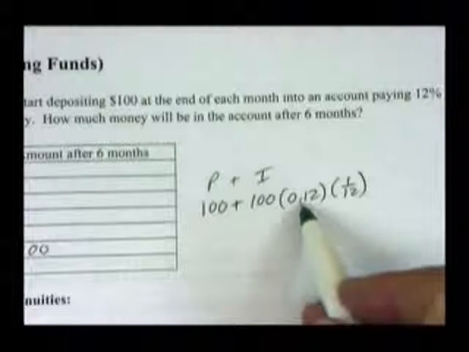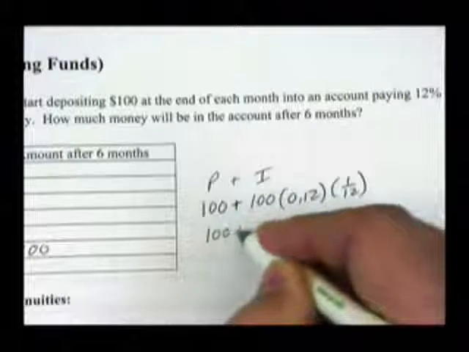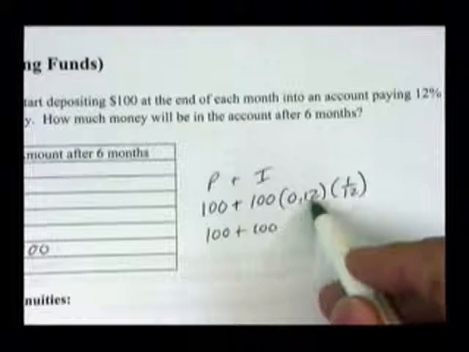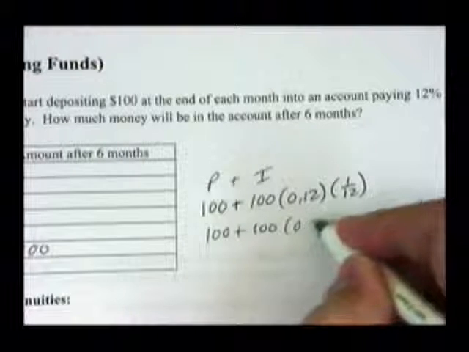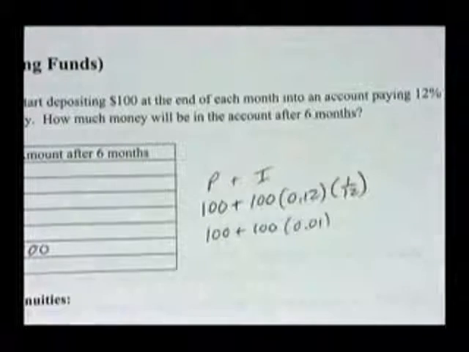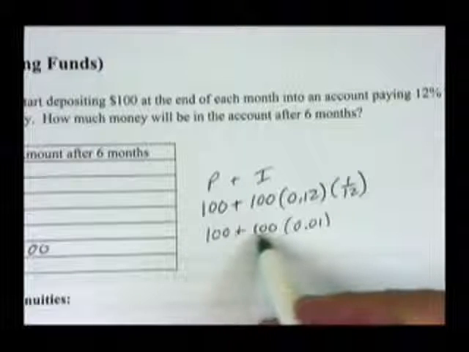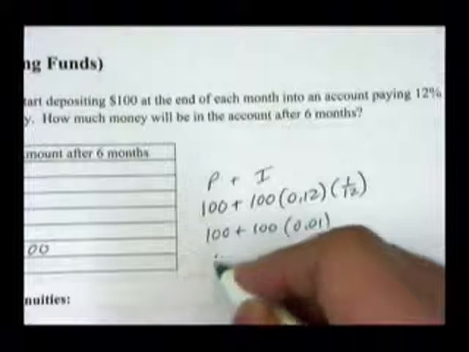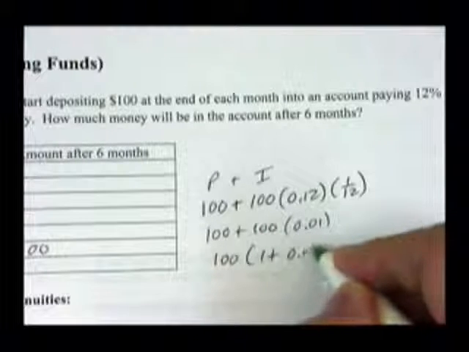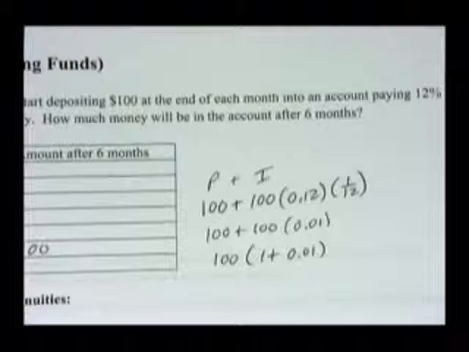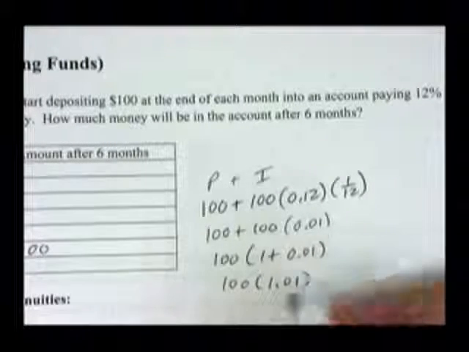And notice if we simplify this a little bit, 0.12 times 1/12 is going to come out to be 0.01. And then we've got 100 in each of these terms, so if I factor out 100, I'm going to get 1 plus 0.01, or 100 times 1.01.